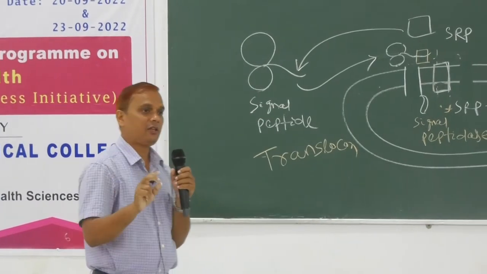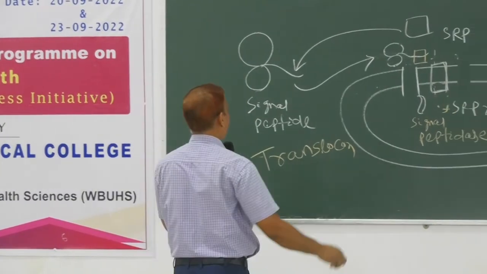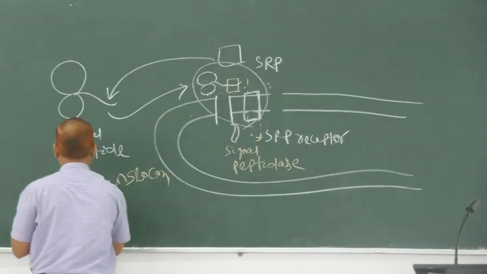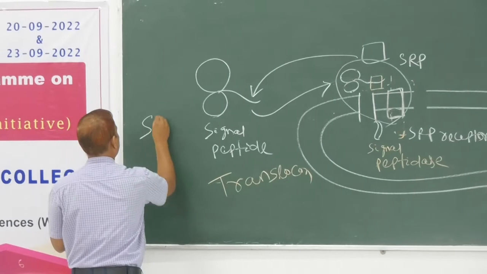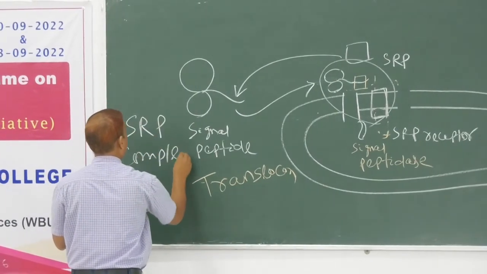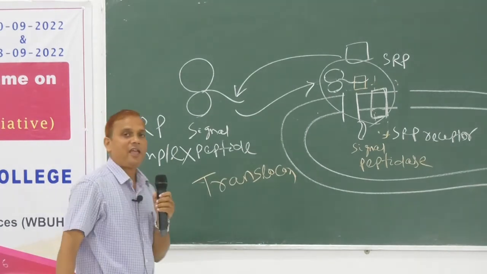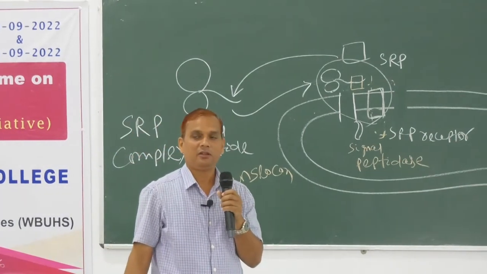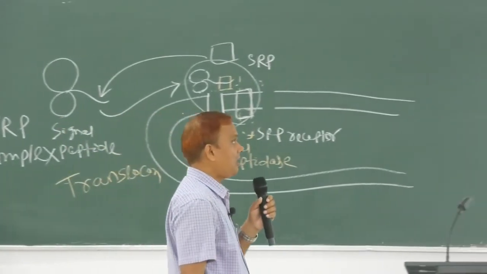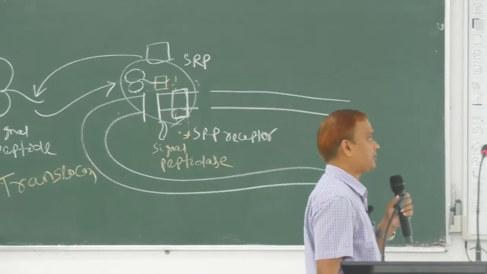After binding all this, this is known as the SRP complex, that is, the signal recognition protein complex.